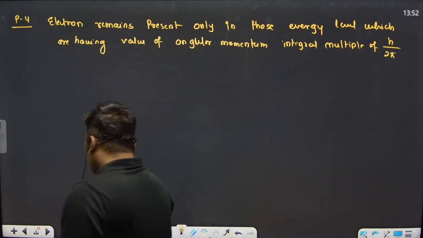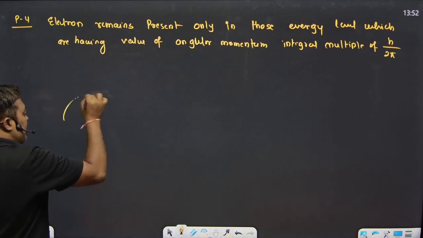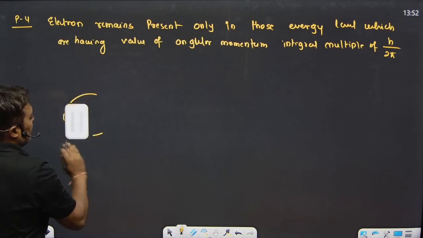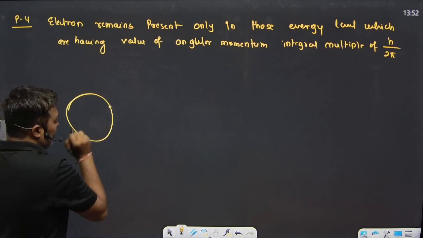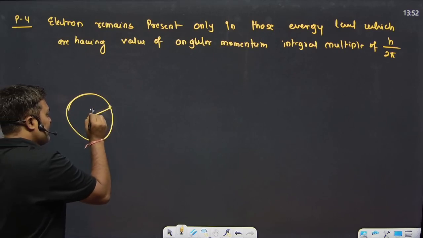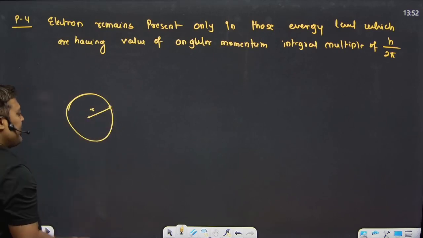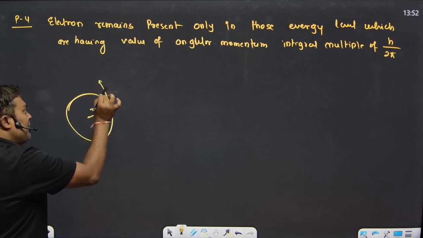Now see, we have an electron, there is this atom, there is this circular orbit. In this circular orbit, our electron is revolving. From the center of the nucleus up to the periphery of the orbit we have distance r. Now this electron is moving with some velocity v.